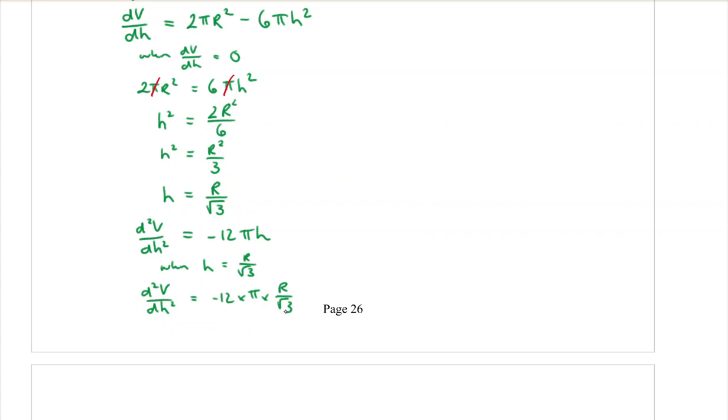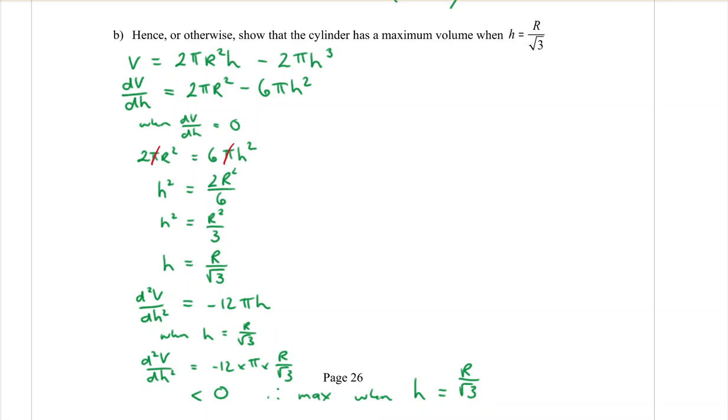So overall, the r would also have to be positive because it's a side length. Okay? So overall, that whole thing there would need to be a negative result because of that minus 12 out the front. So it would be less than 0, which means that we have a maximum. Maximum when h is equal to r over root 3, which was what we had in the question.